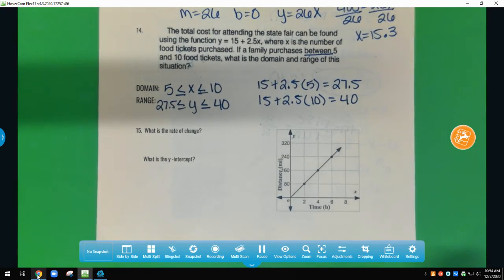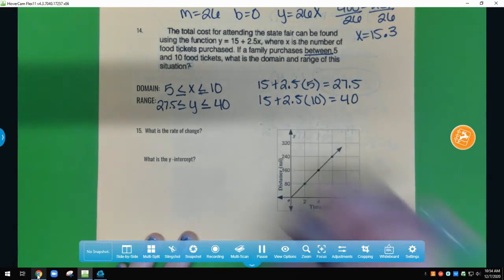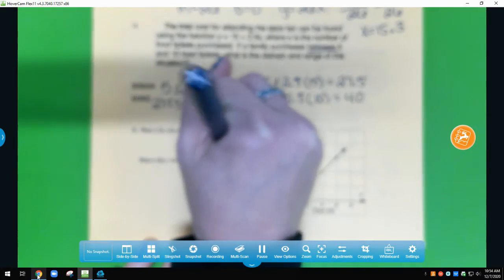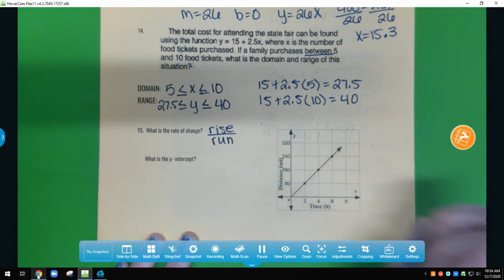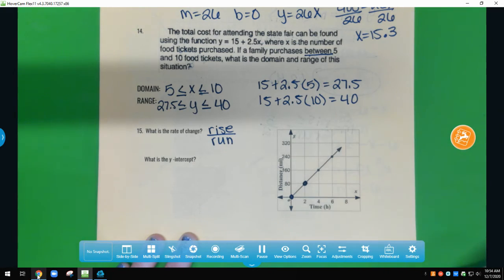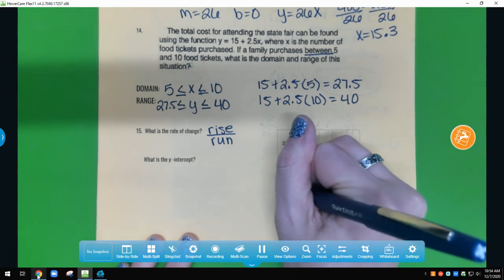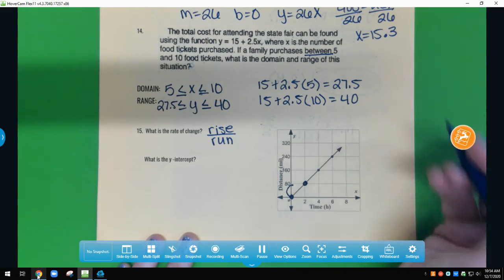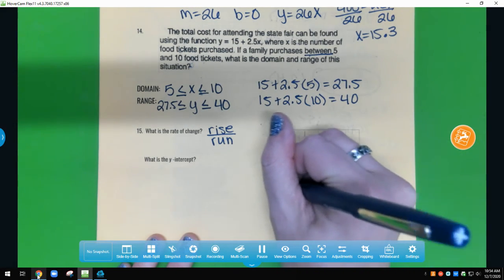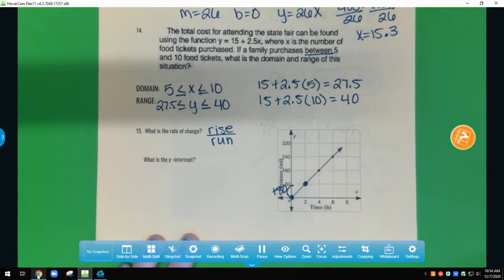Okay, number 15. It says, what is the rate of change? So we have a graph, so we're going to do rise over run. So I'm going to pick 2 points. I'm going to start here at the origin and pick this first point. So I'm going up one box, one space, but I'm counting by 80s. So I'm really going up plus 80.